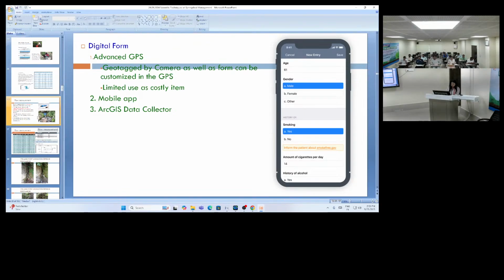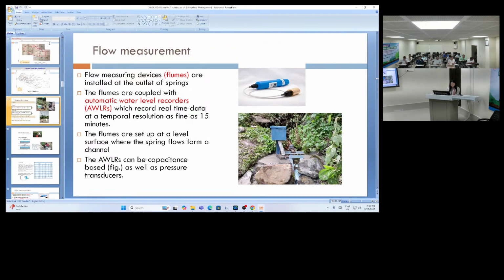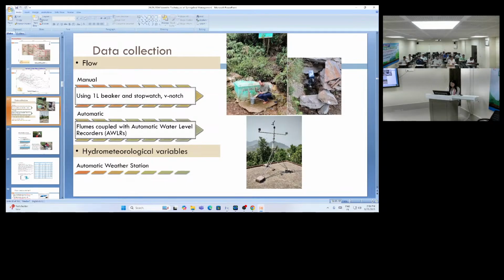Then for flow measurement, there is an automatic water level recorder. This one can be used for measuring the discharge. This is a rain gauge station, an automatic weather station.